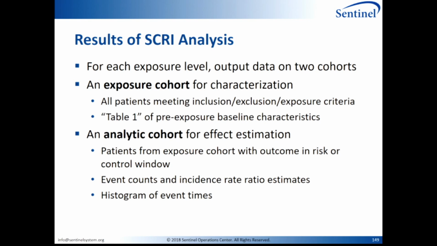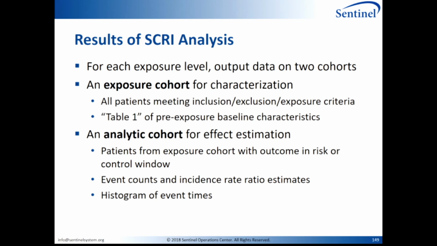So for each exposure level, and I've told you previously that there were 4 different types of MRI that we discussed, that we assessed, we output 2 cohorts in the ARIA SCRI tool. One is the exposure cohort, which we use to just characterize the exposed population. This includes all patients meeting the inclusion, exclusion, and exposure criteria, regardless of whether they had the outcome of interest.